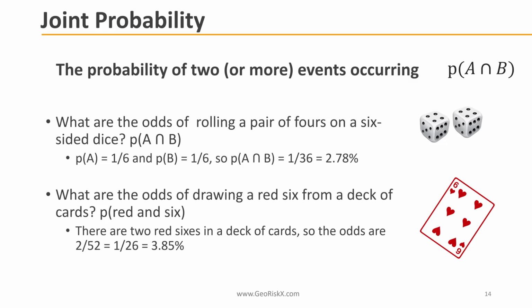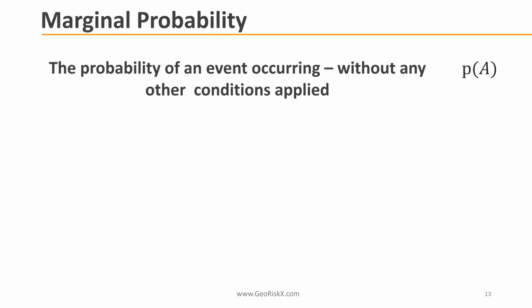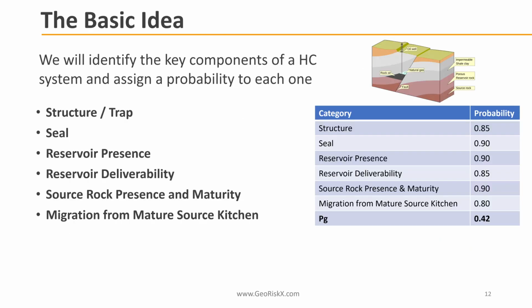But if you understand these two basic concepts that we have covered, you will be able to understand all the statistics that you need to know for doing the type of risk assessment that we see here. That is, you will assign marginal probabilities here, and you will look at the joint probability, or the product of these.